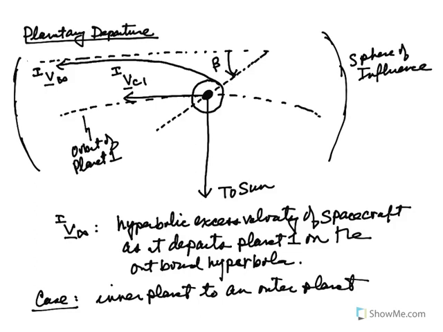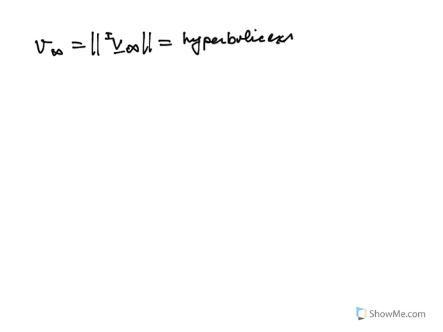Now, given all of this, we can say that V infinity, which is equal to the magnitude of V infinity I, is the hyperbolic excess speed. Using that information, this is where the patch comes in.